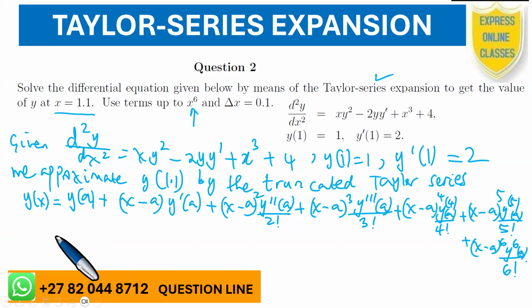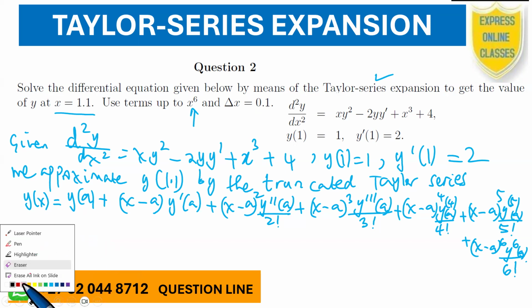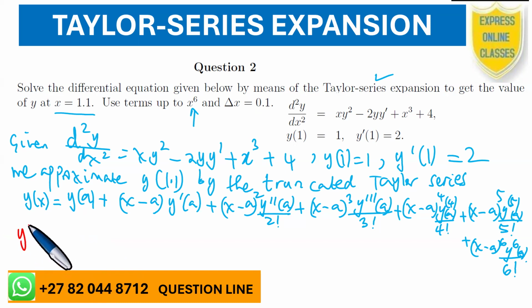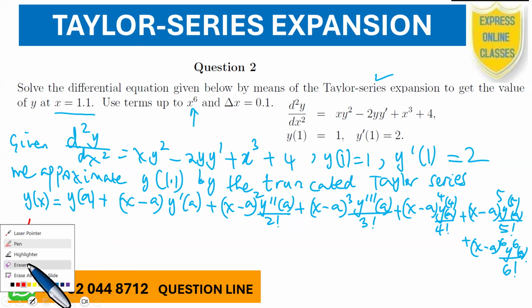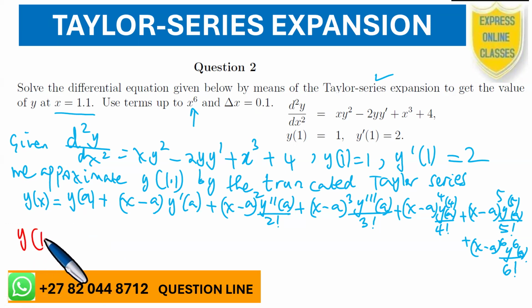So let us start with the approximation, which is going to be y at 1.1. You can write it like that, but you can also say it's approximately, because it's truncated. Truncated, we have removed some of the terms.